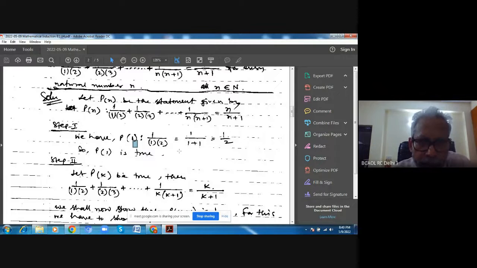Now you see here 1 by 1, and it is also 1. Here actually, one divided by 1 plus 1, so there is a 1 by 2.